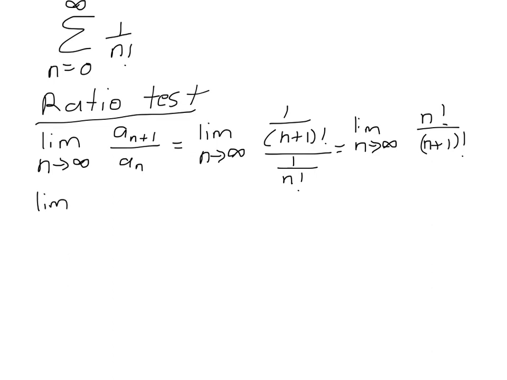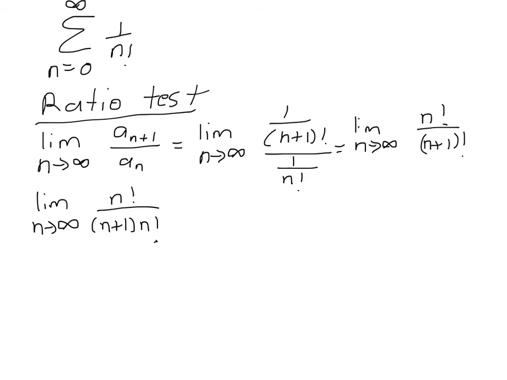Just hop to another line. And now, one thing that you're going to be doing a lot when dealing with factorials and performing the ratio test is you need to be proficient at simplifying factorials. So n plus 1 factorial, that's really just n plus 1 times n factorial.